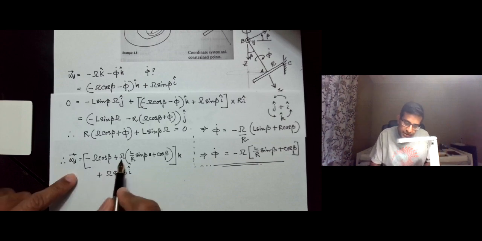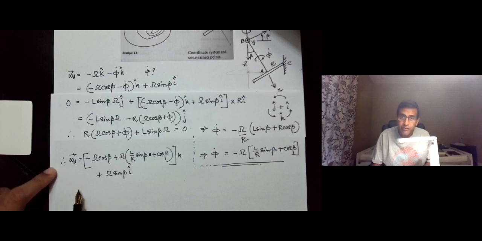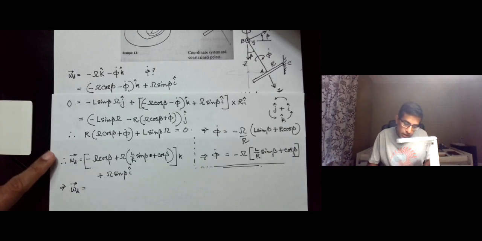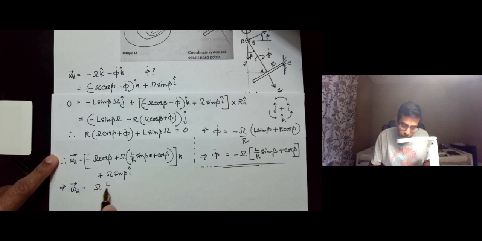And there is going to be this cancellation, because omega cosine beta here is going to cancel this negative omega cosine beta, and we would be left with omega d, which is the net angular velocity of the disk, to be equal to capital Omega L over R sine beta k plus capital Omega sine beta i.